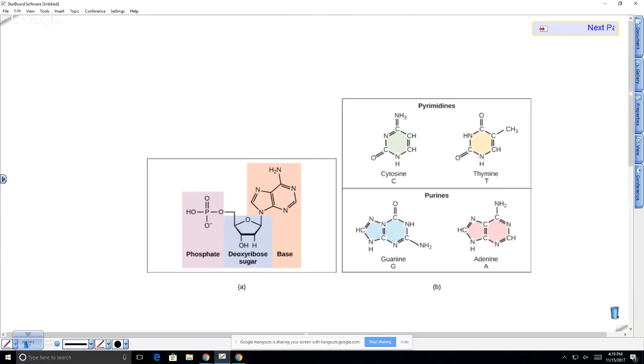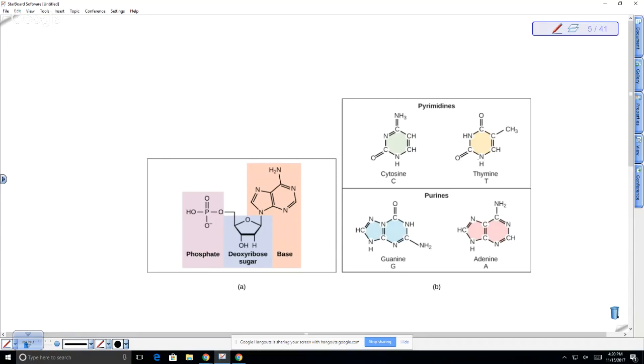When we look at the double helix, first, let's look at the nucleotides. You don't need to know these words, but I wanted to point out that some of the nitrogenous bases are single-ringed, and they're called pyrimidines. And some are double-ringed, and they're called purines. Notice that they have nitrogen atoms in them.